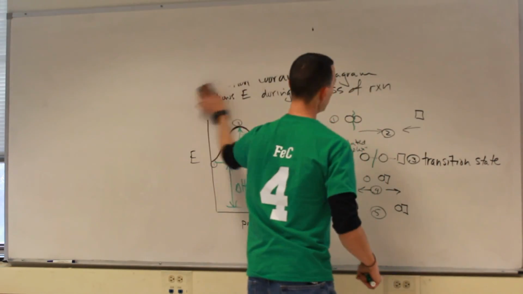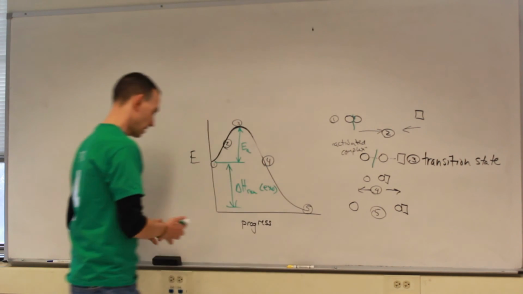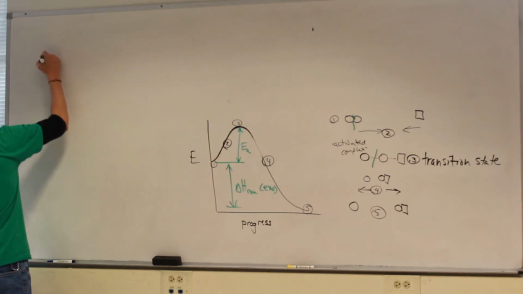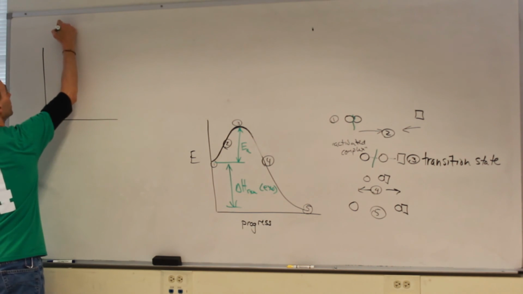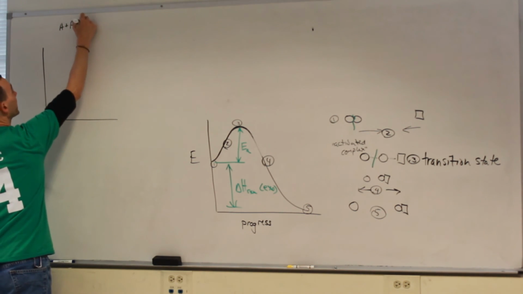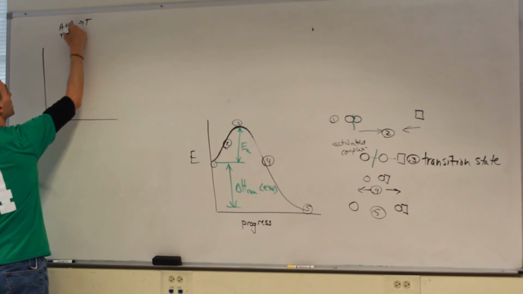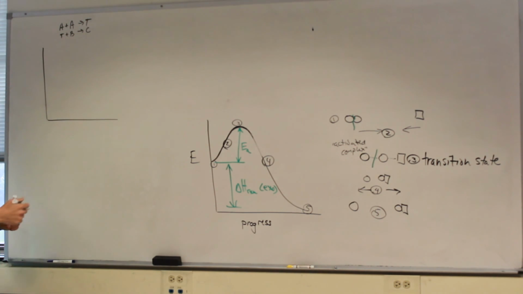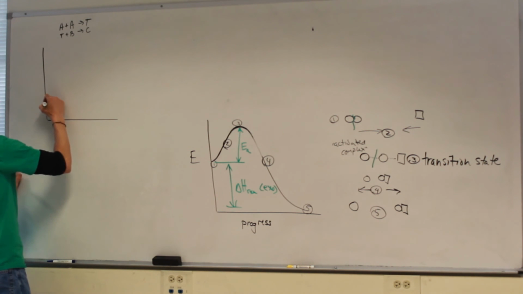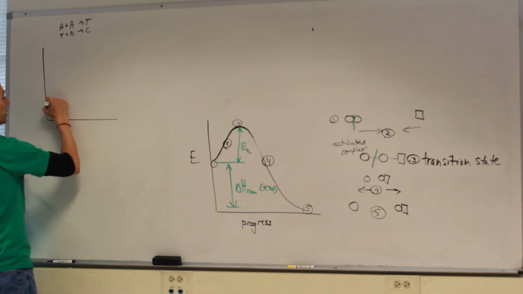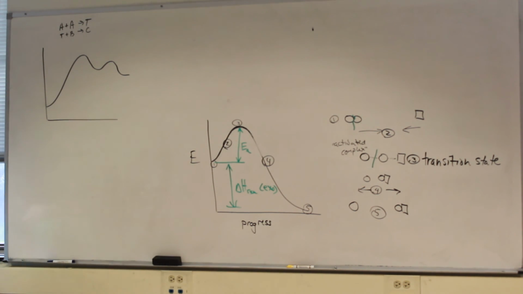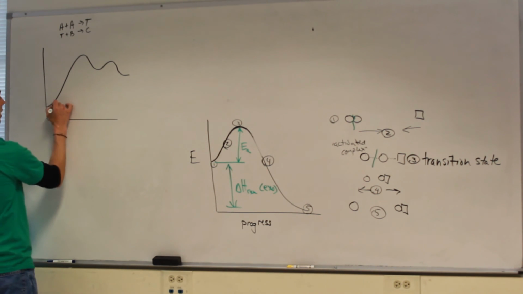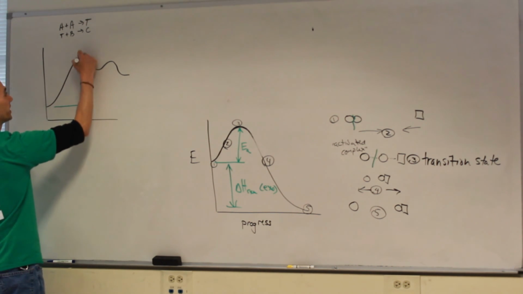So now if we consider a reaction mechanism like we had earlier, say we had two steps in our mechanism, like A plus A to give us T, and then T plus B to give us C. This mechanism would give us a reaction coordinate diagram that has two steps. So perhaps it would look like this. And each step would have an activation energy.